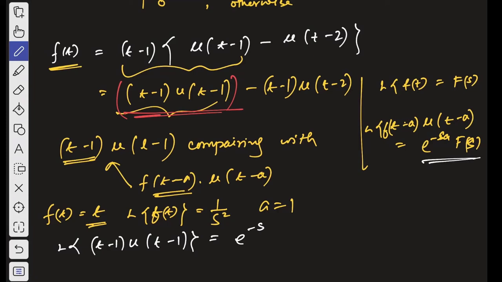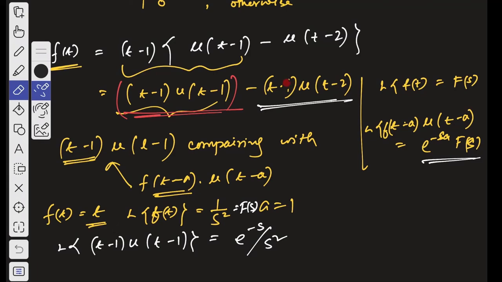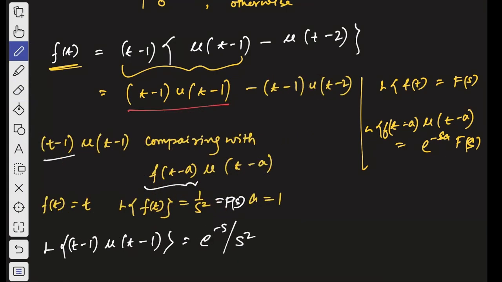The value of a is 1, so we get e to the power minus s, and F of s in this case is 1 by s square. So our result is e to the power minus s by s square. That's our result. So hope you have understood this. Now let us find the Laplace transformation of the second part.